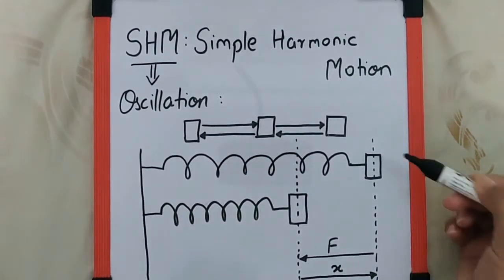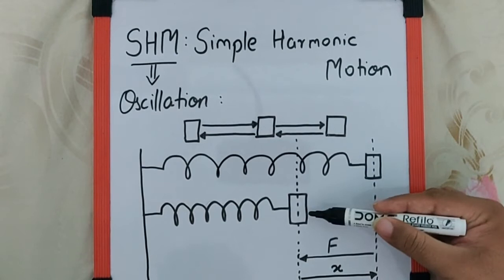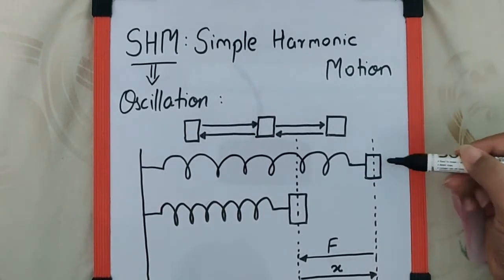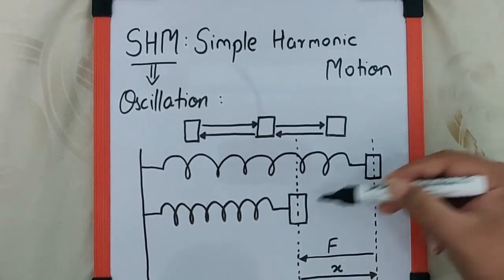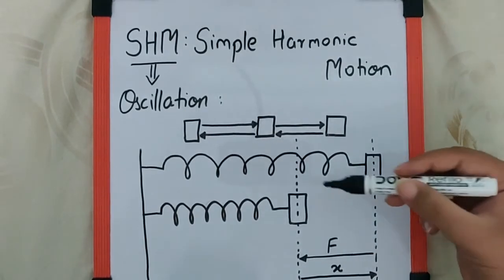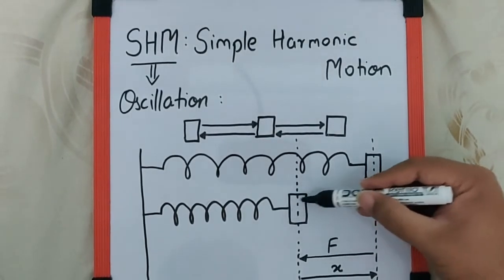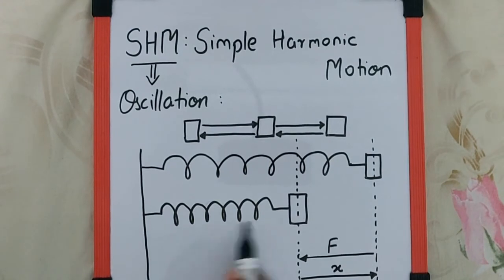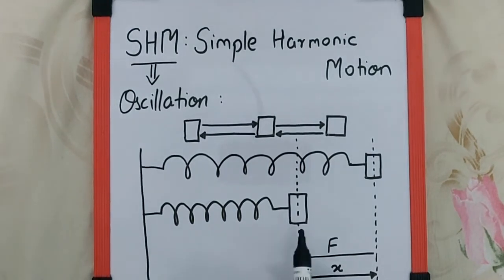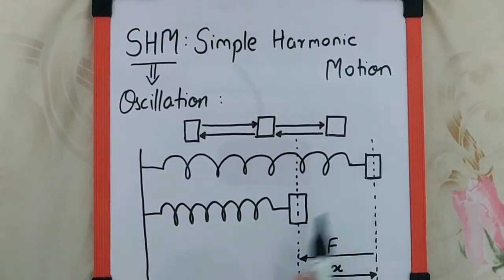Now definitely when the body comes back to its mean position, the body must have attained some velocity because of the force. And because it is the natural length of the spring, there is no force at this point, but it has some kinetic energy which has got converted from this point to this point.